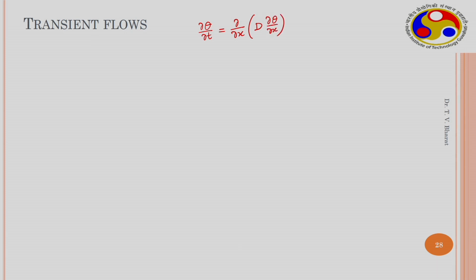So this is the theta form of Richards equation, and we earlier simplified this to dou square theta by dou x square times d, assuming that the d variation with respect to x is negligible.